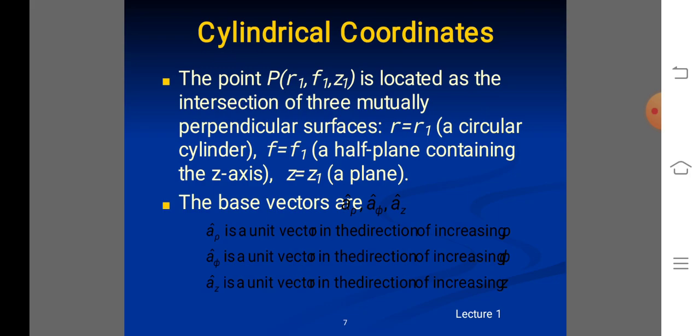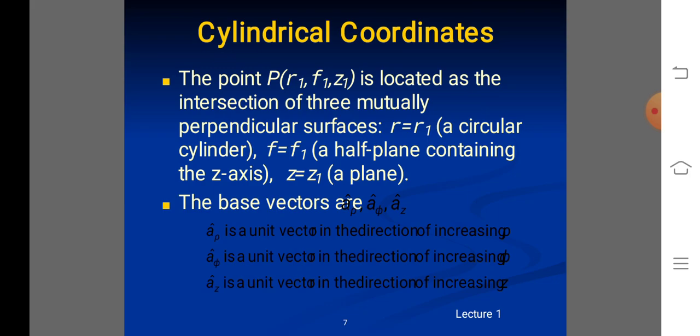This cylindrical coordinate system has three directions: rho, phi, z. The circular cylindrical coordinate system is very convenient whenever we are dealing with problems having cylindrical symmetry. A point P in the cylindrical coordinate system is represented as rho, phi, z.